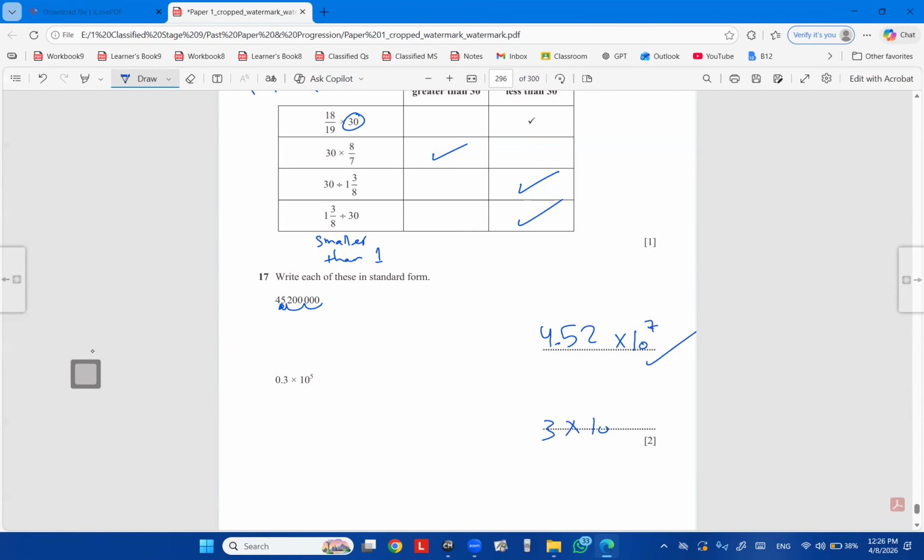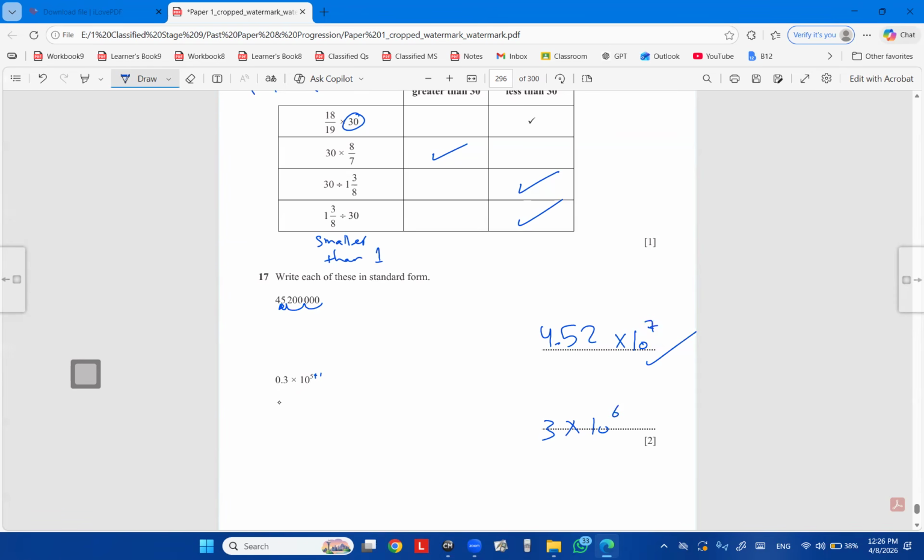Well, some people here get confused actually, and I'm going to do something with you that helps you also get rid of that confusion. Some people say, Mister, I'm going to move it to the right, so 1 digit, so I'm going to add here 1 to the index, and they think that it is going to be 10 to the power of 6.